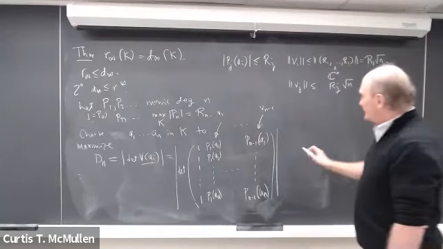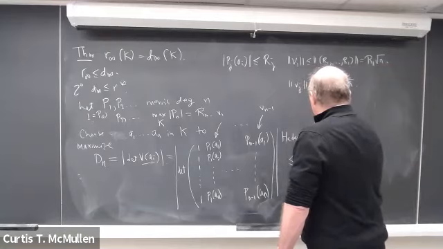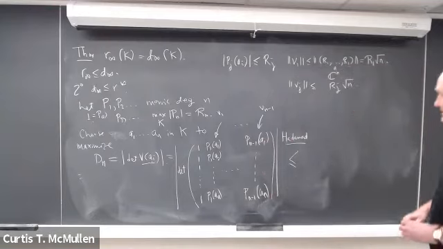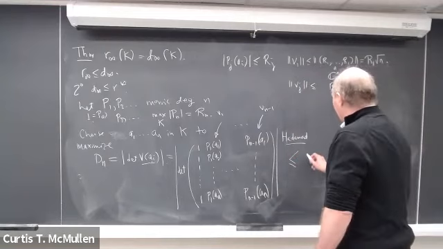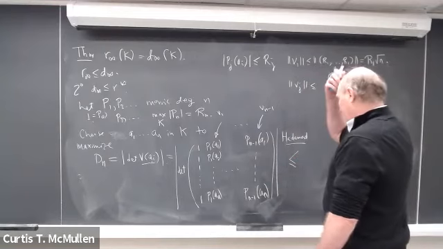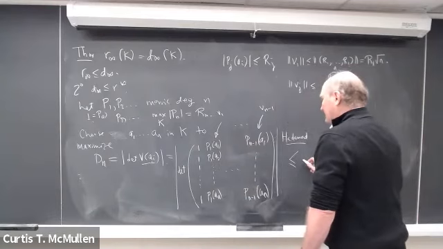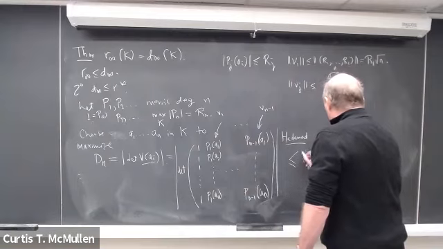And now we can use Hadamard's inequality that says the determinant is bounded by the product of the norms of the lengths of the columns. So Hadamard says this is less than or equal to the norm of the first column, which is square root of n. If you like, that's square root of n times R0.